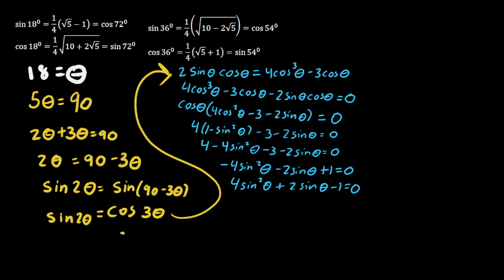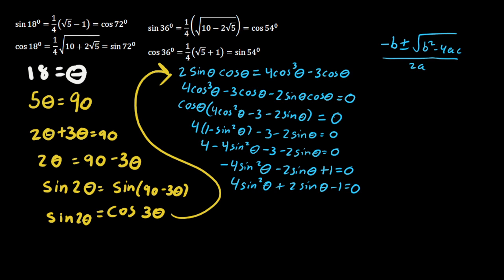Alright? So the quadratic formula, as we know, is minus b plus or minus square root of b squared minus 4ac, divided by 2a. So what I can do is take 4 as a, 2 as b, and negative 1 as c, just like you would with a quadratic equation.